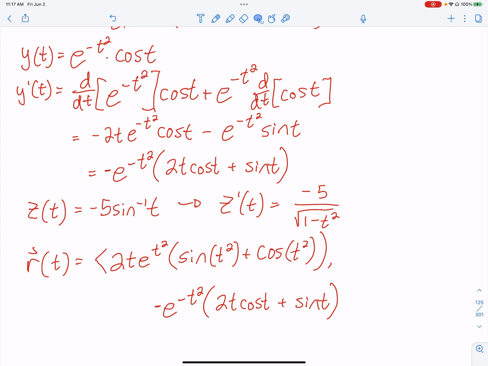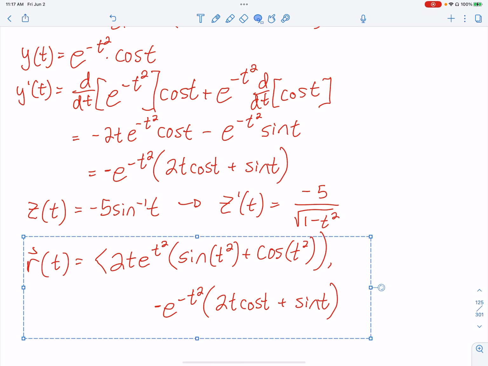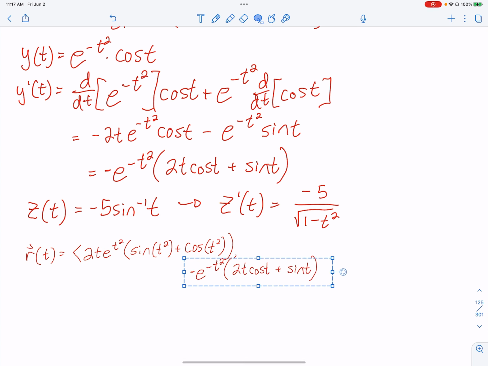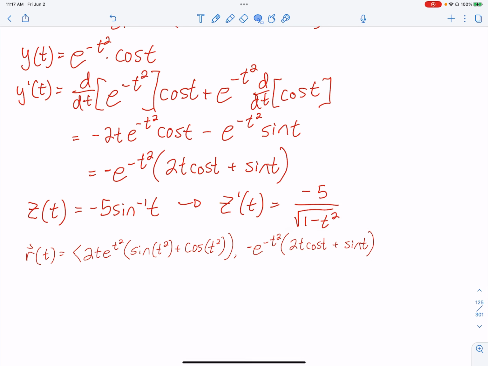I'm going to shrink all that down to the same size. And then move this. There we go. And then we've got one more. It was the z, which was negative 5 over 1 minus t squared. There we go. Sorry for the sloppy handwriting. I'm trying to write really small right there. Okay, so that's what we have for r prime of t.